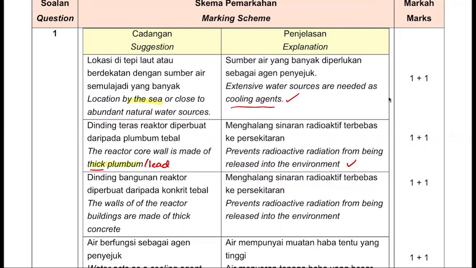The third aspect is the walls of the reactor buildings. This one is made from thick concrete. The core wall is made from thick lead or plumbum, and the reactor building is made from thick concrete. This is to prevent radioactive radiation from being released into the environment, or to prevent leakage.